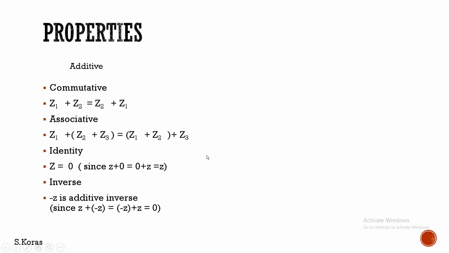Let us consider there are two complex numbers: one is Z and another one is minus Z. If you do some operation, now we are doing only addition, between these two complex numbers, and if your answer is your identity, that is, for the additive, our identity is 0, then the two complex numbers will be called inverses of one another.